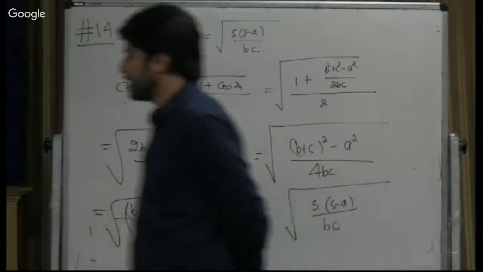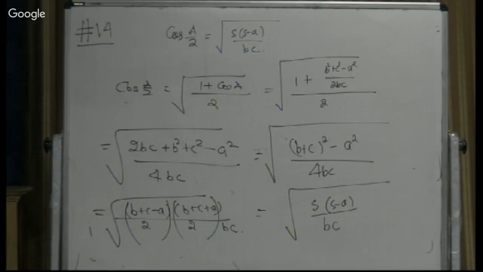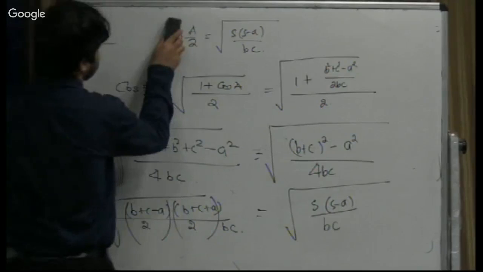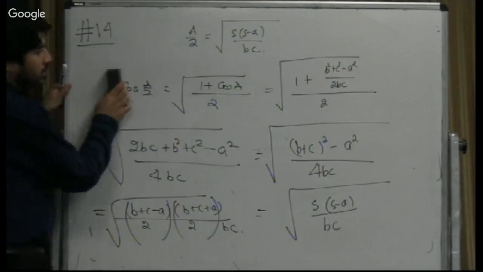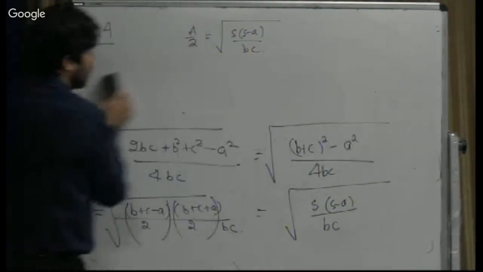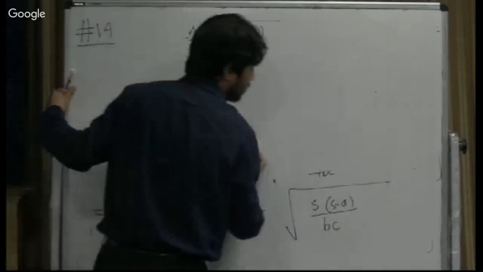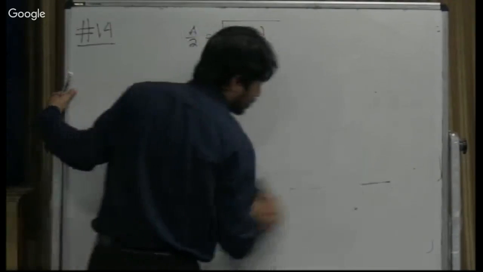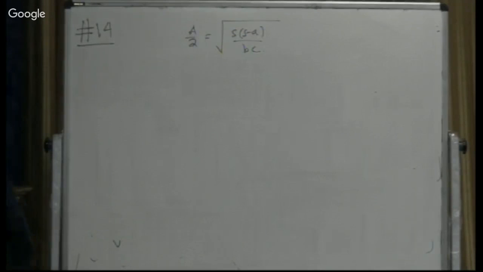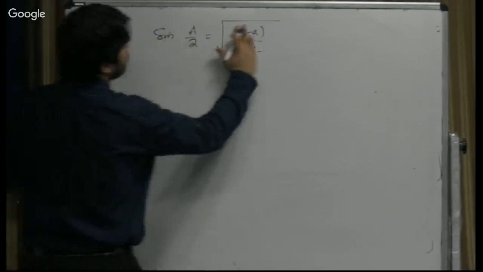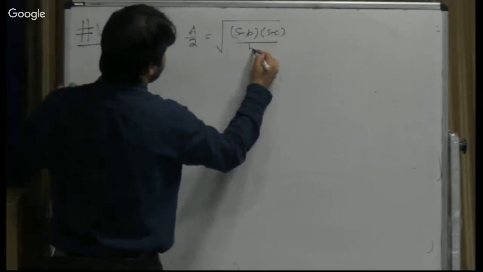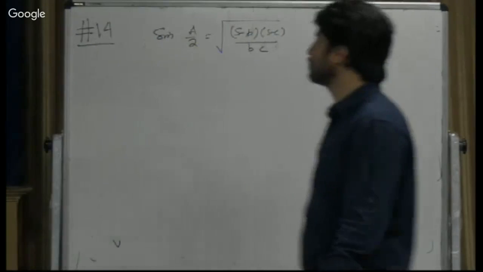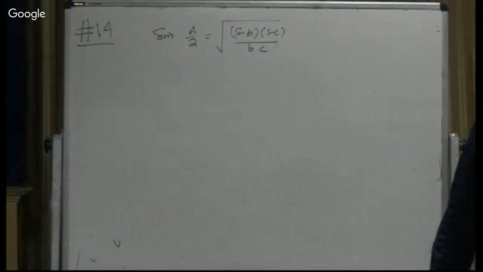Now similarly, the next property, property 15. Should I rub this? Any problem there? Sine a by 2 is equal to under root of s minus b into s minus c by bc. Now how to prove this?